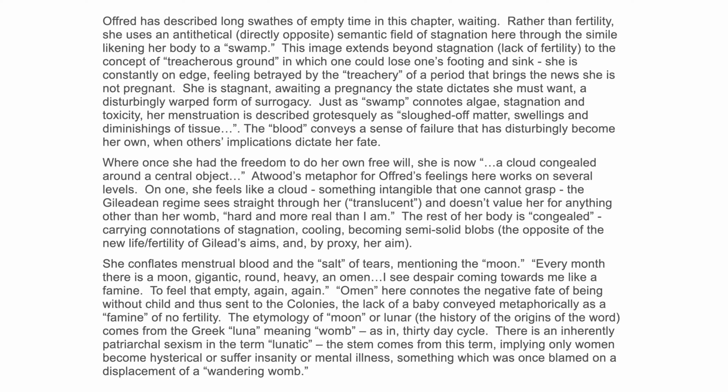Again, this semantic field of produce and consumption, of plague, like God's judgment, the plague of locusts, this plague of a declining birth rate. To feel that empty again, sedentary stagnation, no progress.